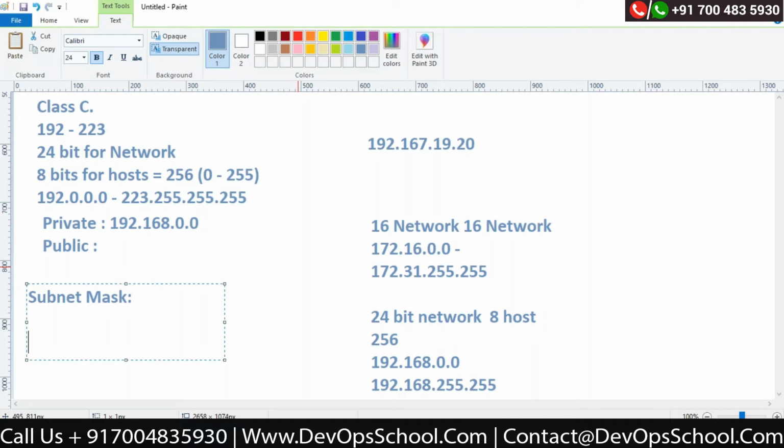Now, in class A, the first number we cannot change because that is our network ID, correct? So if you cannot change it, I will say 255. The rest of the numbers are changeable, so I will say those are all 0. So class A has the default subnet mask 255.0.0.0.